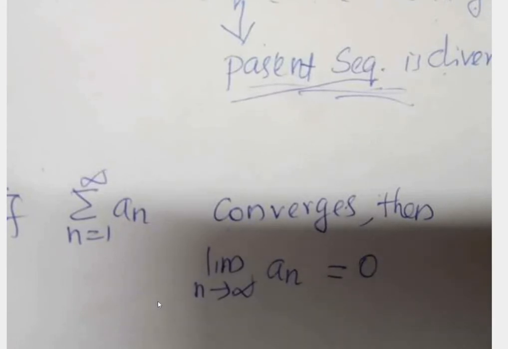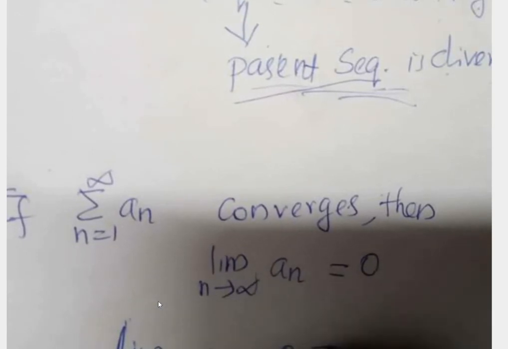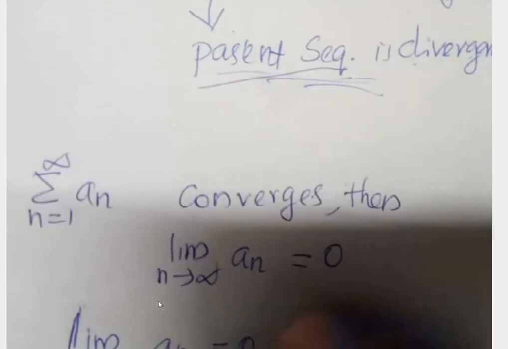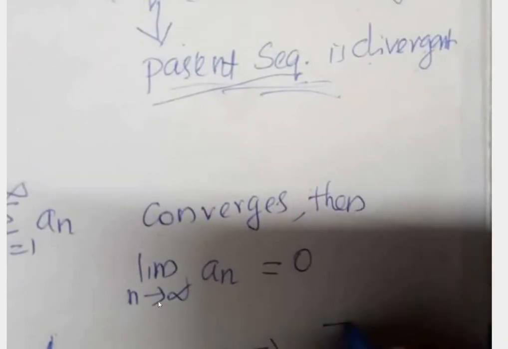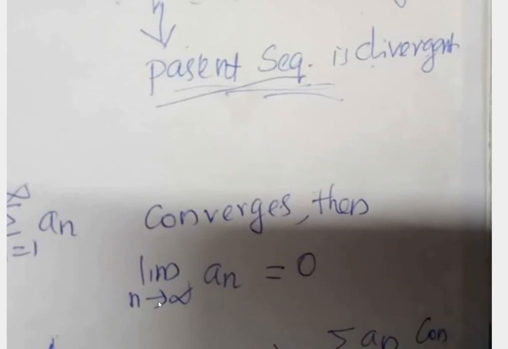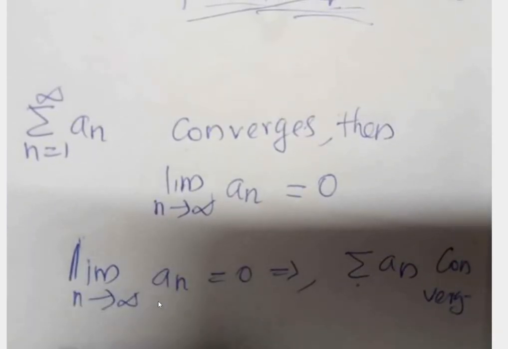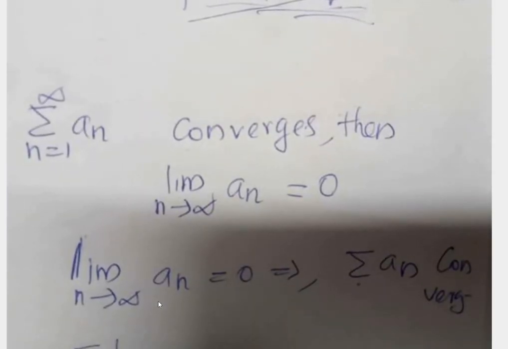What about the converse? Converse means if the limit n tends to infinity a_n equal to 0 implies sigma a_n converges. Is it true? Then what about the harmonic series?